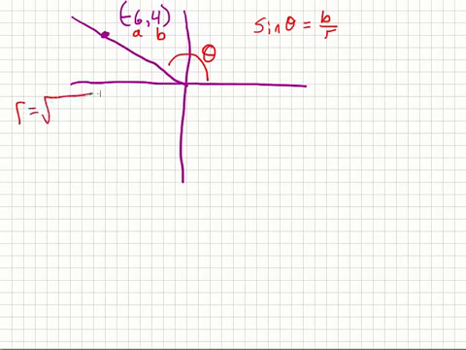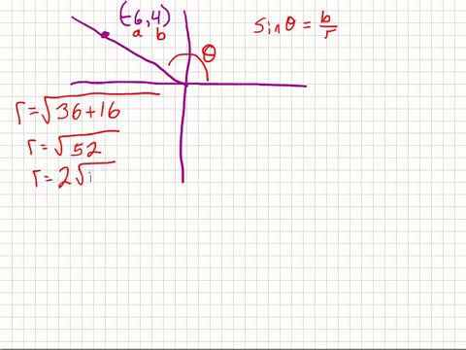R is the square root of -6 squared is 36, 4 squared is 16, so r is the square root of 52, which is 2 times the square root of 13. When we pull the 4 out, we end up with 2 square root of 13.